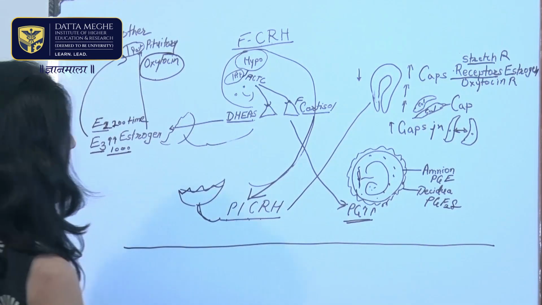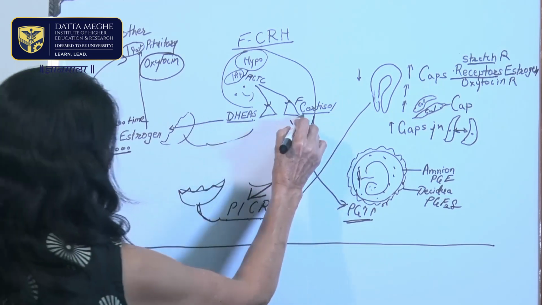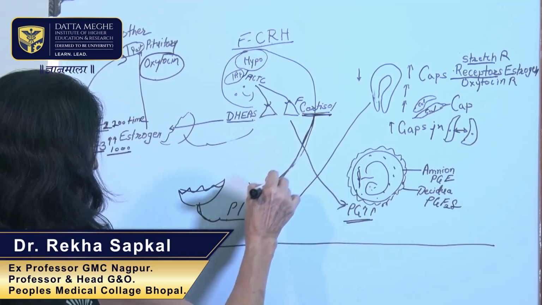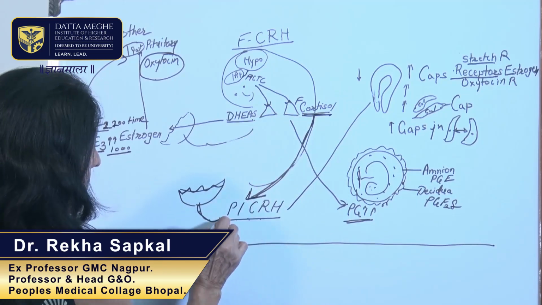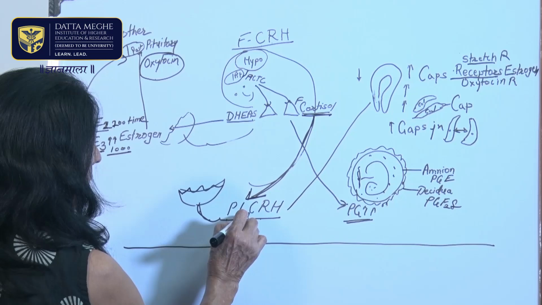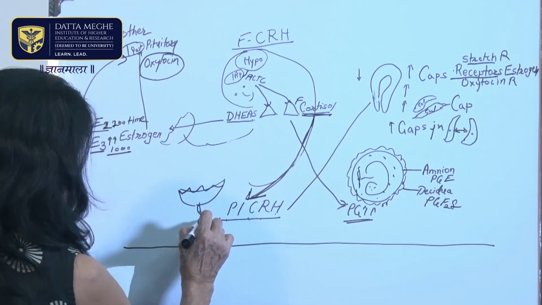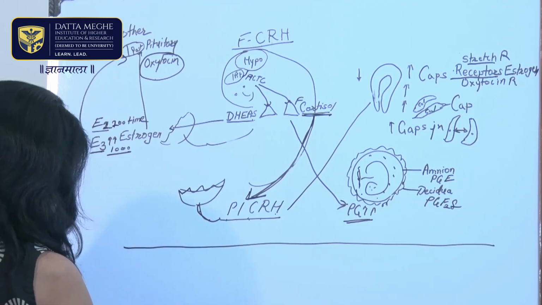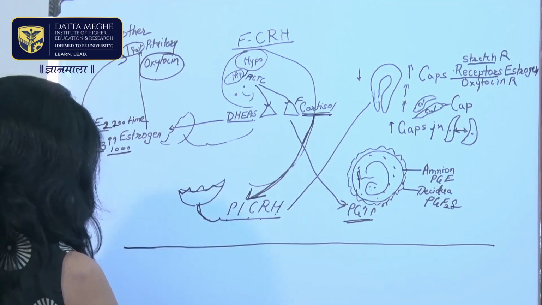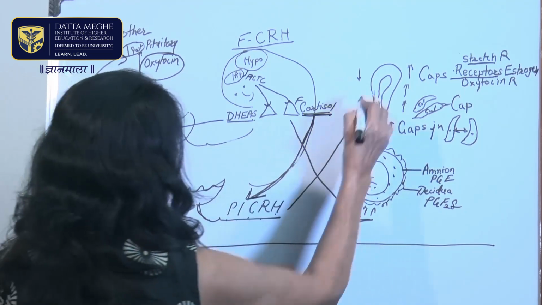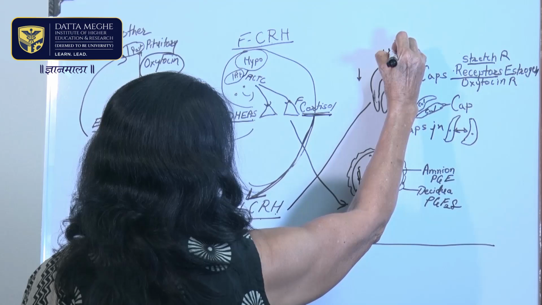Okay. Now, let us pay attention to this cortisol. This cortisol stimulates the release of placental corticotropin releasing hormone from the placenta. This placental corticotropin hormone causes its effect. This is the uterus I have drawn here.